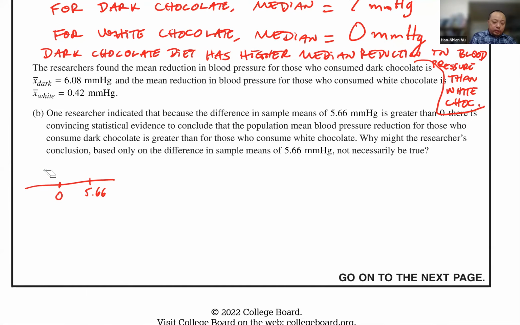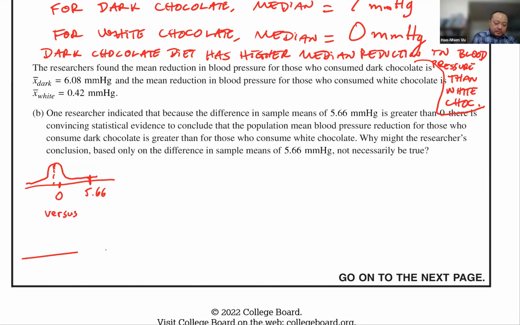Well, we can only know for sure that it's far away enough from 0 if the graph is something like this, where it's unlikely that the mean is down there because it's kind of hard to get 5.66 out of that. That's the idea of p-value. So you use what you understand of the idea of p-value, and then you apply it to this case. So if the situation is like that, then yeah, the conclusion is probably correct.